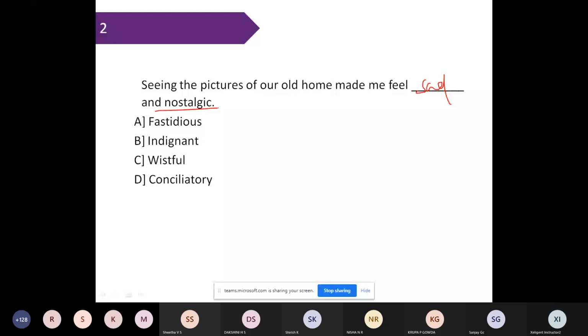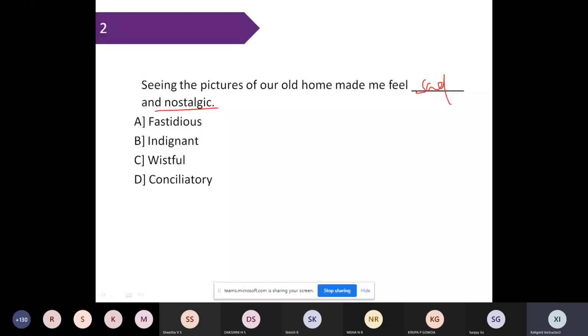What's the correct answer? Yes, wistful is the correct answer. Wistful means mournful or being sad.